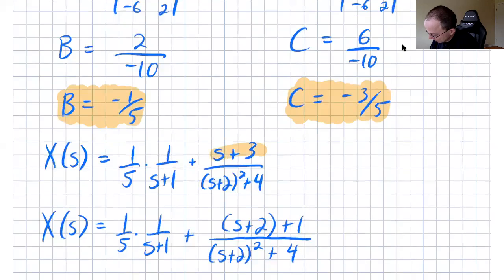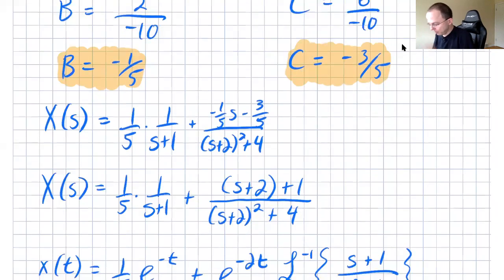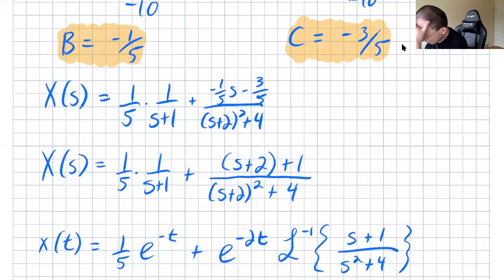Okay, so that means, oops, up here, this is going to be -1/5 s minus 3/5. It's kind of tight. Let's see, -3/5. Okay, so we can factor out the -1/5 here, and then that will give us s plus 3 in the numerator.